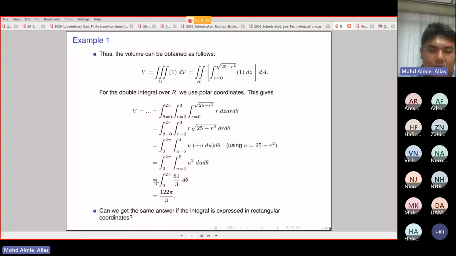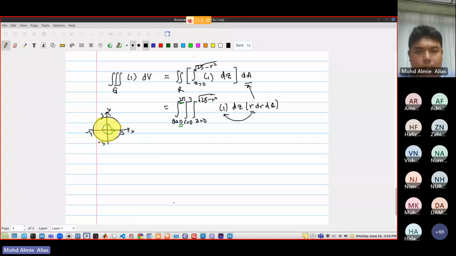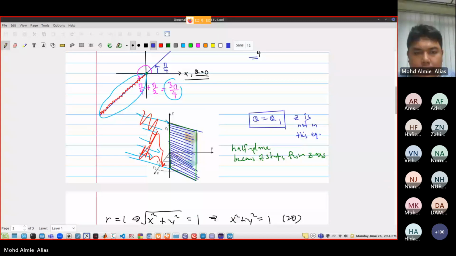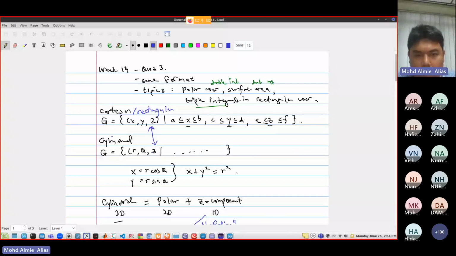Now the question is, can we get the same answer if the integral is expressed in rectangular coordinates? How do you do it? So you have something like this. The difference for both Cartesian or rectangular and the polar coordinates, as we discussed here, is that they both need z, and this z is actually the same as this z.